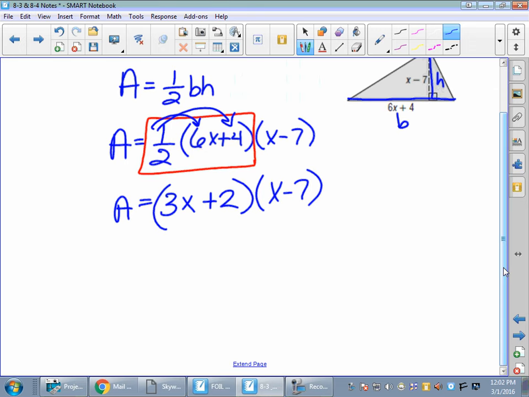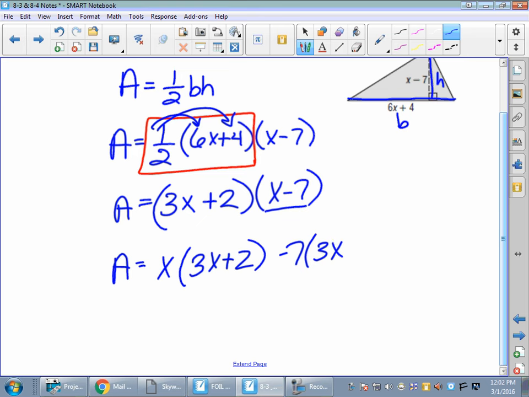I actually, just for fun, I'm going to take this x minus 7. It's a lot simpler, and I'm going to put that on the outside just to mix it up. I told you you could pick either one, so I'm going to pick the one in the back just for fun today. So x times the quantity 3x plus 2 minus 7 times 3x plus 2.